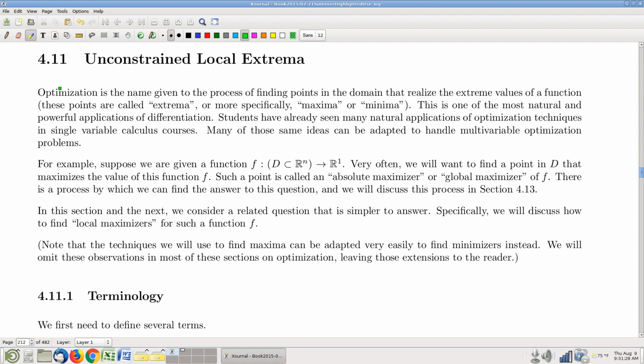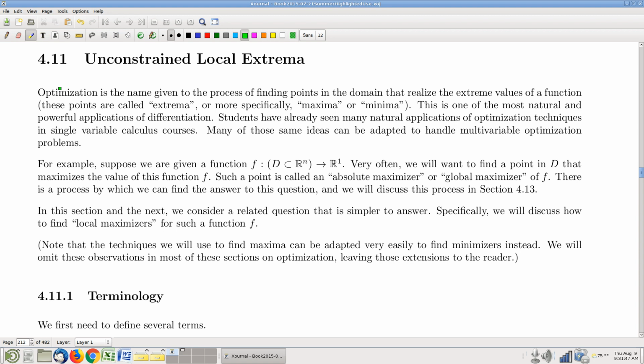I am going to skip a lot of the discussions in these three sections, and let me comment on that. There's a bunch of stuff in these sections that is also not standard material for Math 212 in the semesters. It's supplemental.